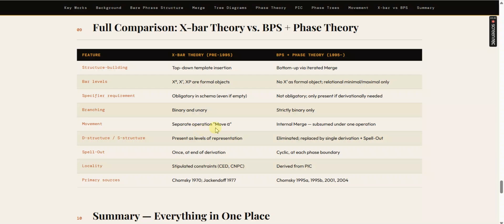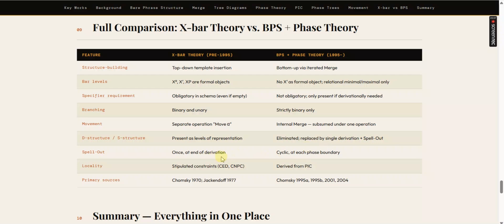The movement: separate operation Move alpha, versus Internal Merge in BPS. D-structure or S-structure present as a level of representation, then BPS eliminated it, represented by a single derivation plus spellout.